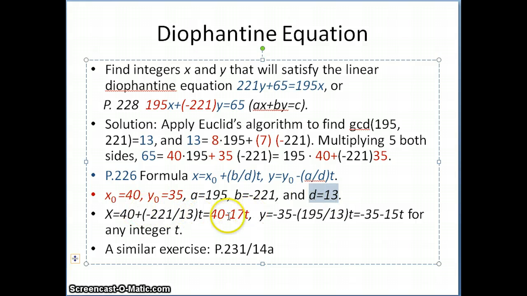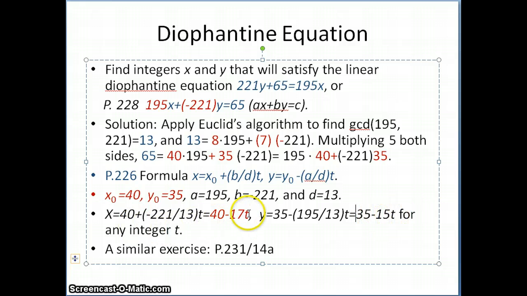Simplify negative 221 divided by 13, that's negative 17. So x is 40 minus 17t, and y is y0, which is 35, minus a over d. a is 195 over d, that's 15, times t. So we get y equals 35 minus 15t.